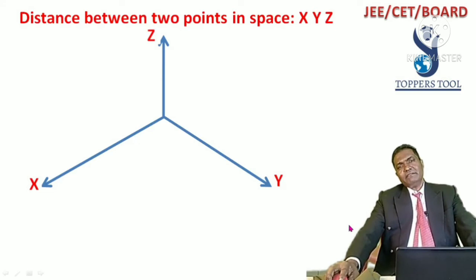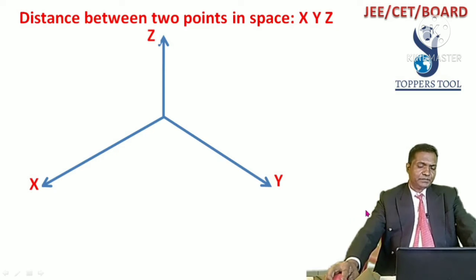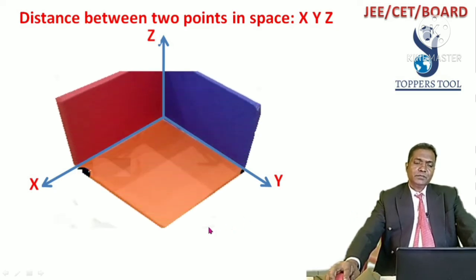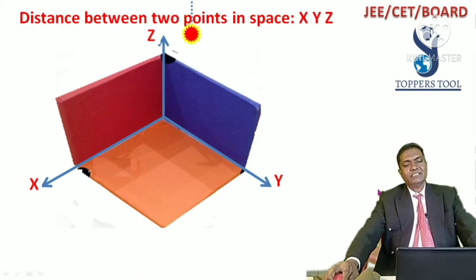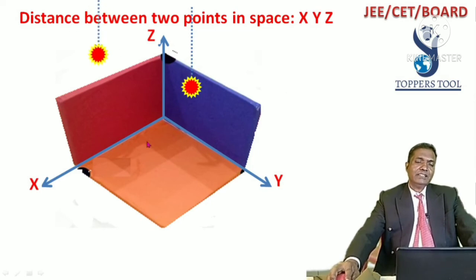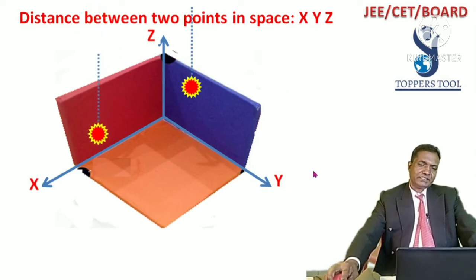Now, in the 11th standard, we studied the distance between two points in space. Suppose this is a three-dimensional space, and imagine there are two bulbs hanging in this space, and we want the distance between these two bulbs, or points.